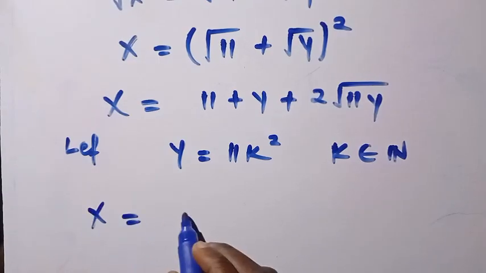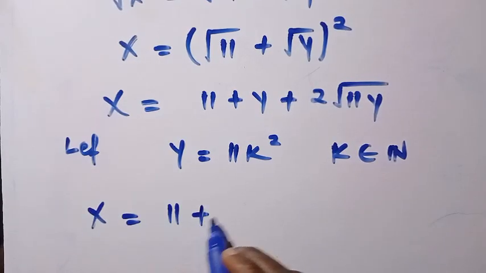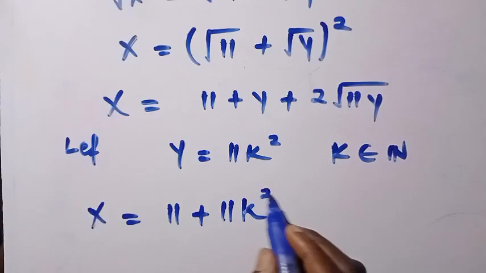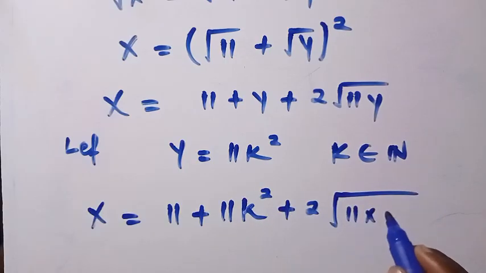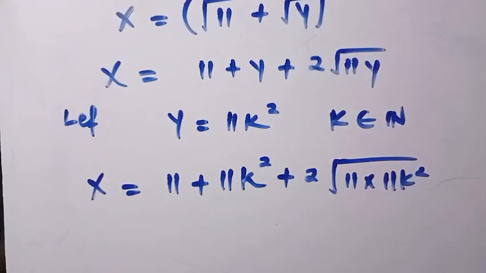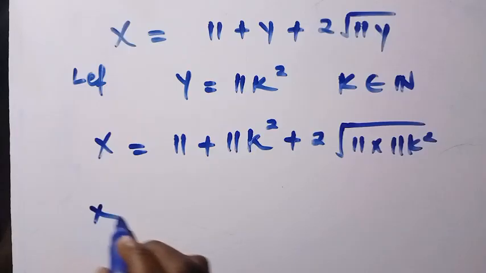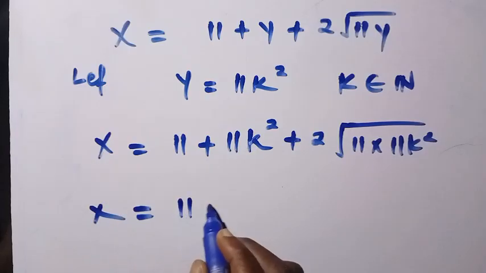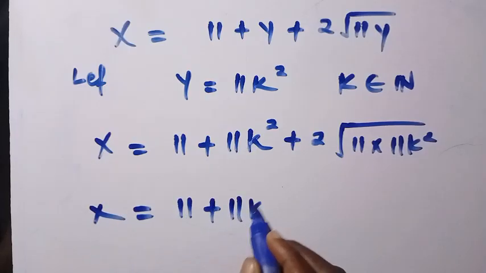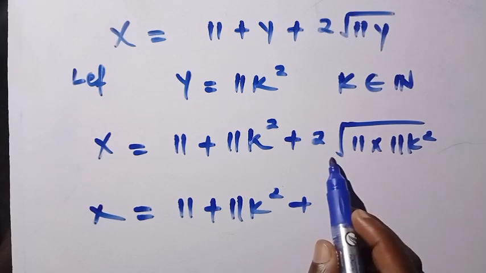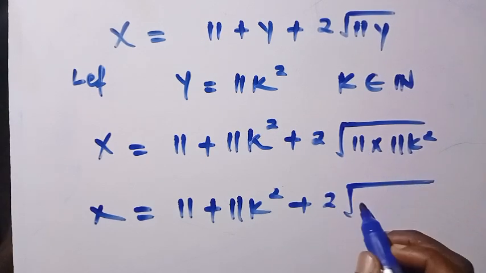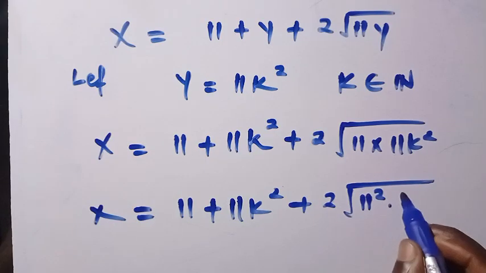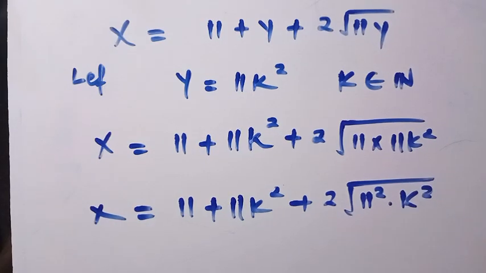So here we have x equals 11 plus 11k squared plus 2 multiplied by the square root of 11 multiplied by 11k squared. Then we have x equals 11 plus 11k squared plus the whole of this one becomes 2 root 11 times 11, that is 11 squared, multiplied by k squared.